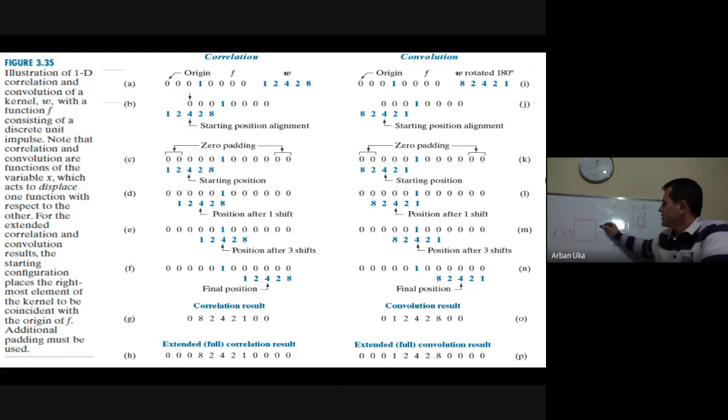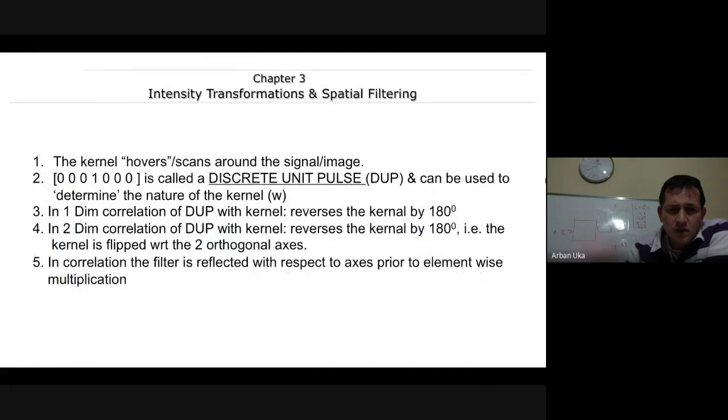If the output is equal to 1, 2, 3, then this is a convolution, or if it is inverted, then this is a correlation. This is one way to analyze whether you have one or the other.